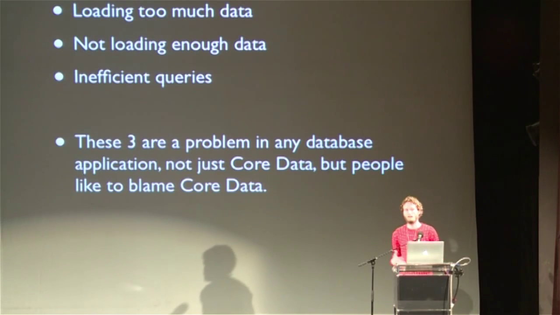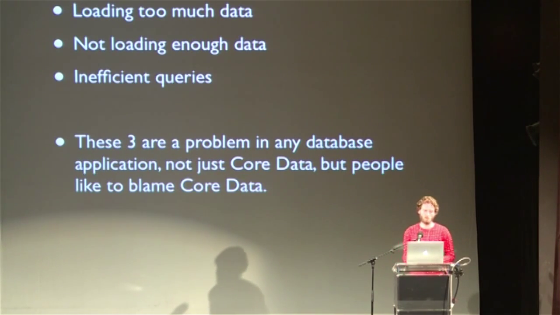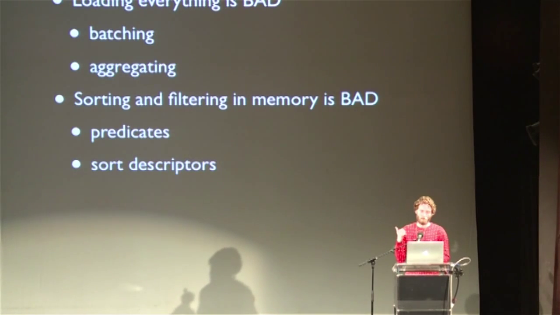It's just a problem of anything you would do with a database, and managing those is what will make your project fly. Loading everything is bad. Use batching or use aggregation to only load the stuff that you need and not too much at one time. Use sorting and filtering in the database. Don't do it in memory.